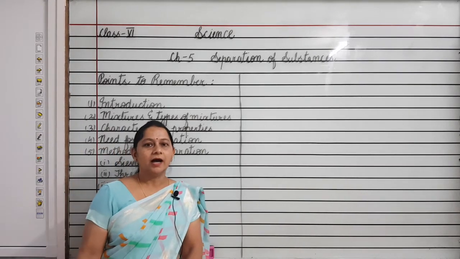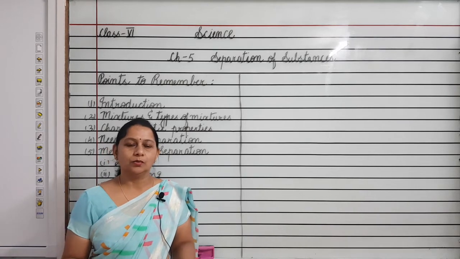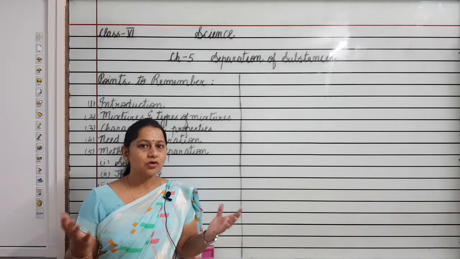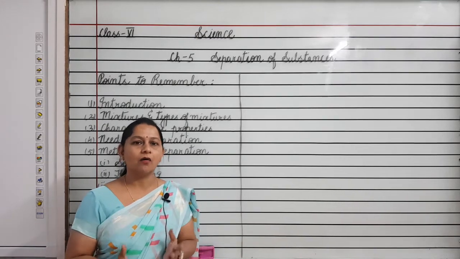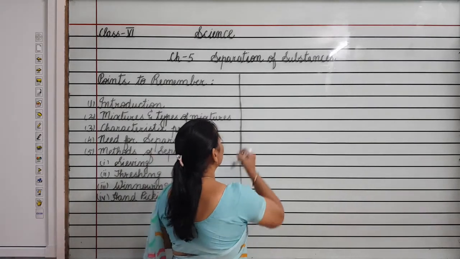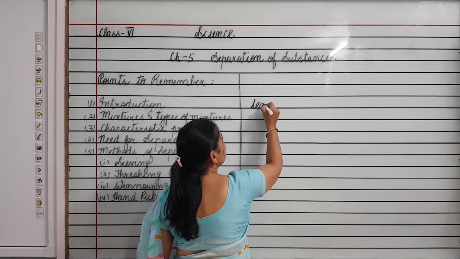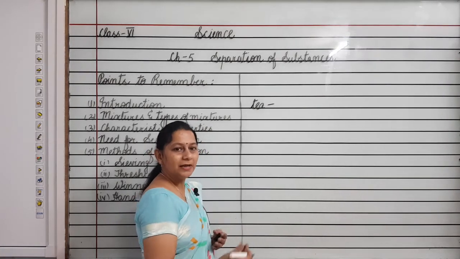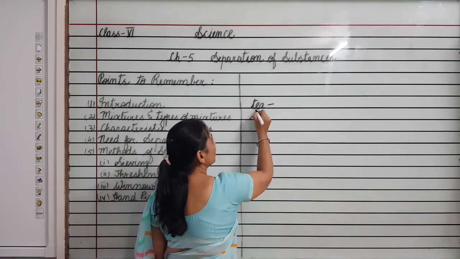First of all, you all know that most of the materials present on the earth are all mixtures. Like your tea. What is tea? It is a mixture of sugar, water, milk. Again soil.